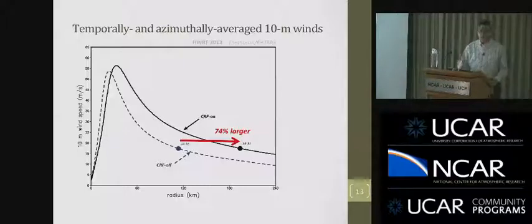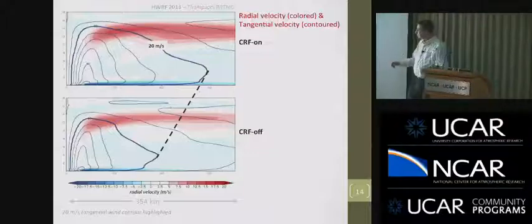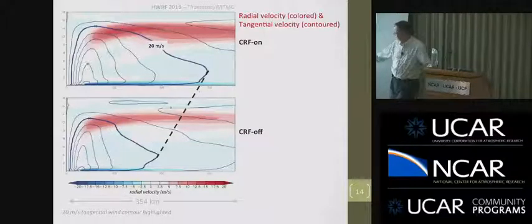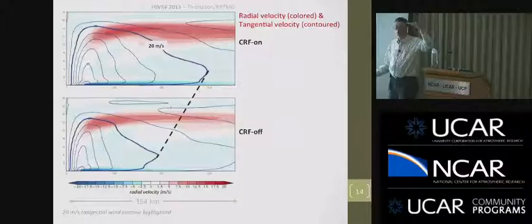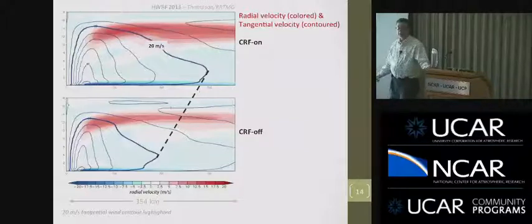Okay, and not just at 10 meters, but also through the entire troposphere. These figures show simulations over the last 24 hours, averaged temporally and then averaged azimuthally, radius out to 350 kilometers, height up to 18 kilometers. What's being shown here in the colored field is the average radial wind field.